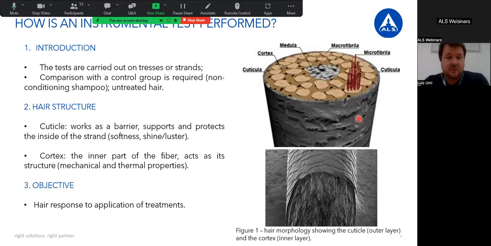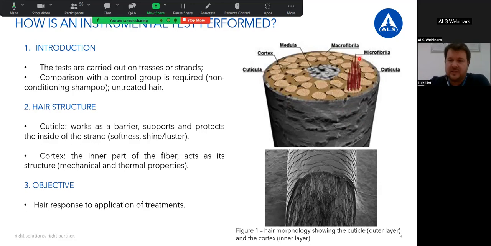And in instrumental testing, we can analyze two main different structures of the hair fiber. The first one is the cuticle.